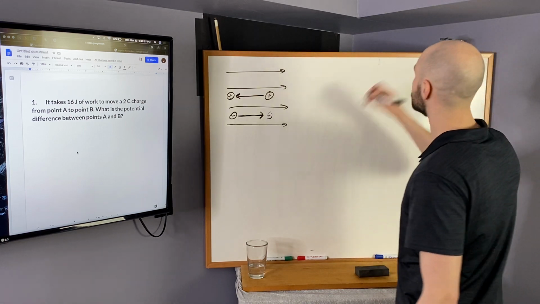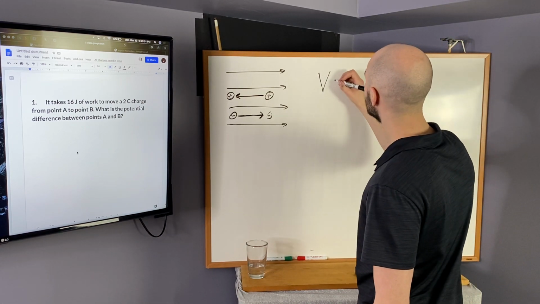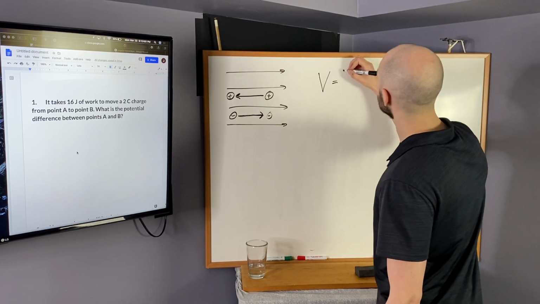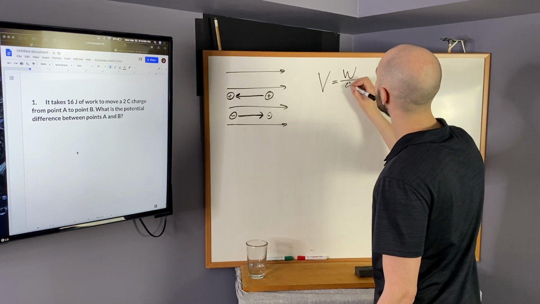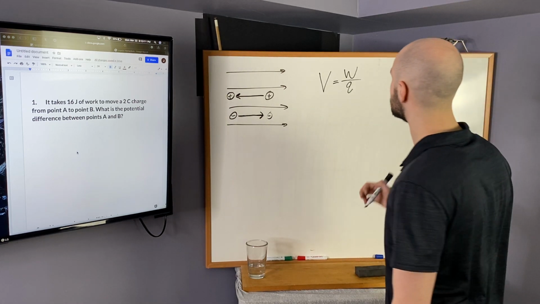Okay, so let's use our new equation. We know that potential difference, V, is equal to work per unit charge, Q. Our goal is to find this potential difference.